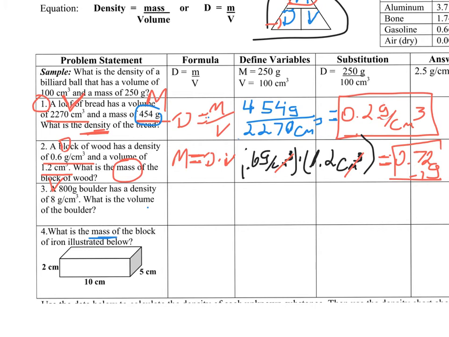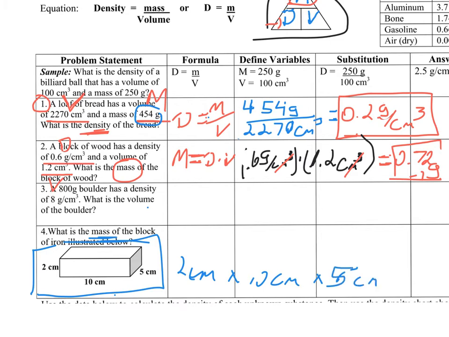But to find the volume for this particular block, you have 2 centimeters times 10 centimeters times 5 centimeters. This would give you your centimeters cubed.